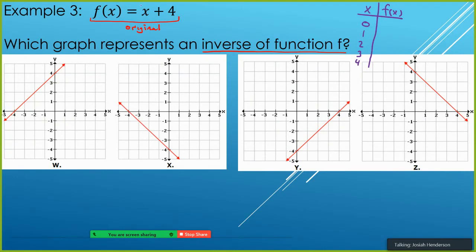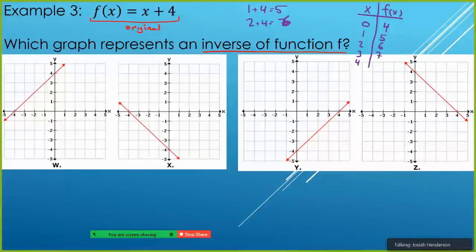The function itself is short and sweet, x plus 4. So it's all the input numbers added to 4. So plug in 0, we get out 4. Plug in 1, we get 5. Plug in 2, we get 6.